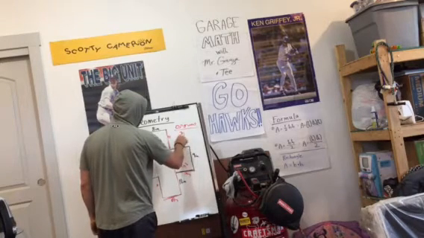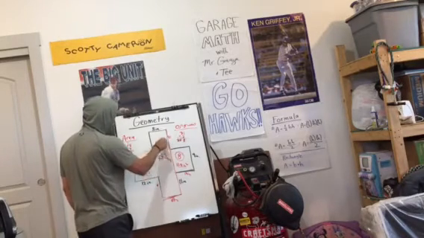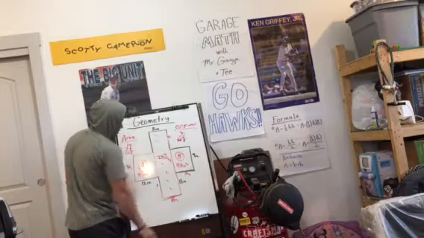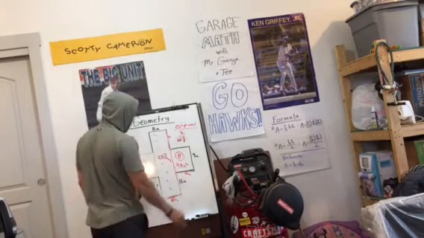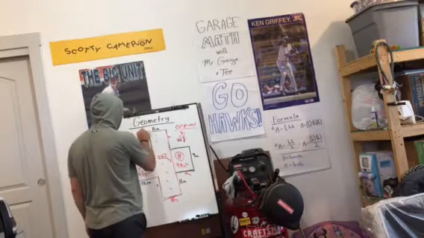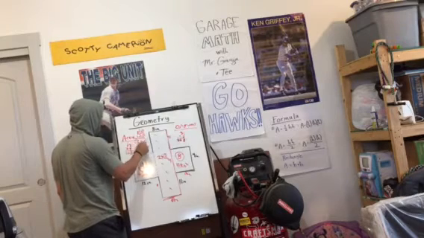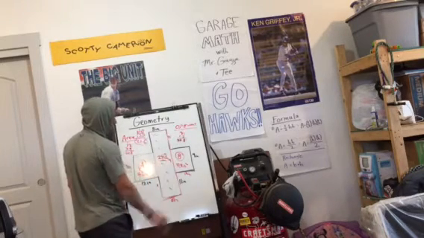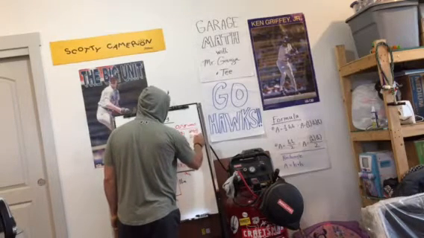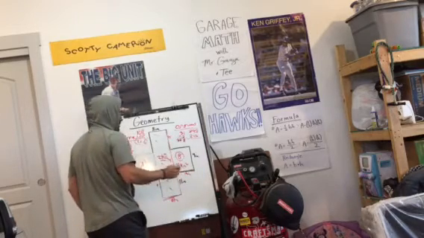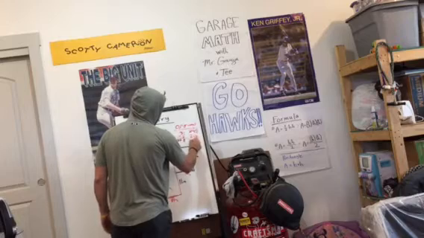8 times 31 is 248, so the area for this whole middle shape is 248 inches squared. Now I have 108 plus 108, which is 216. Then 216 plus 248 is 464.